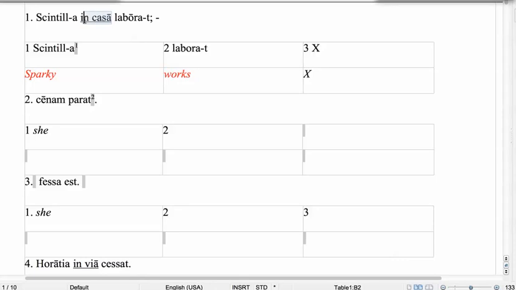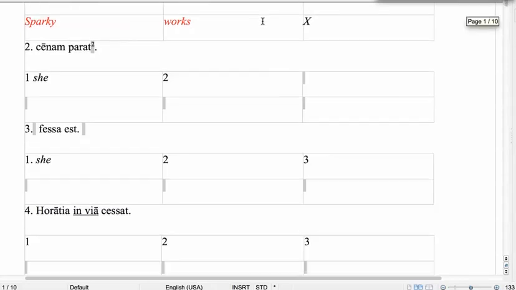The underlined words here are a prepositional phrase which is in Latin adverbial. And adverbs and adverbial phrases in Latin and English function in the same way, so they don't need any special treatment from us. Okay.